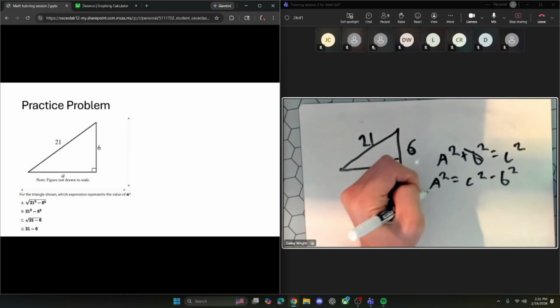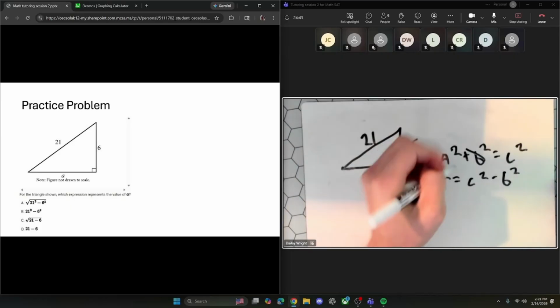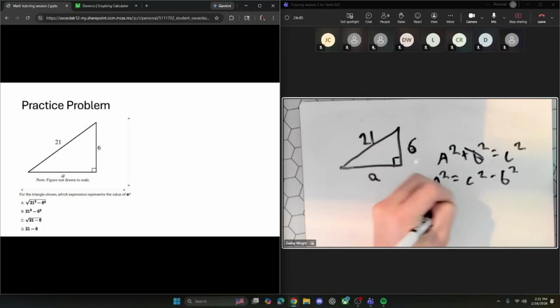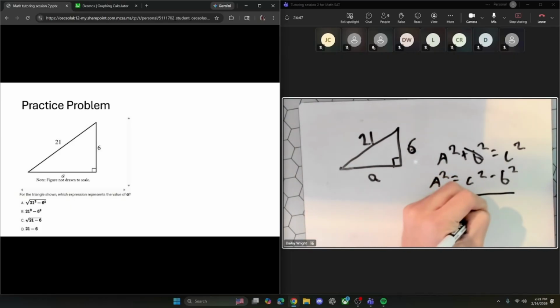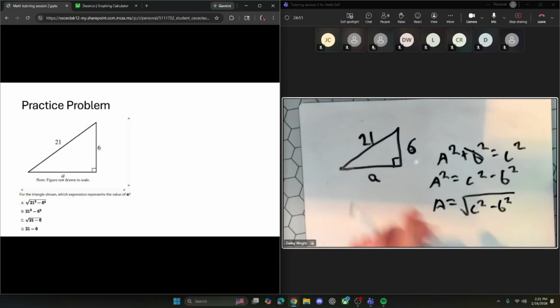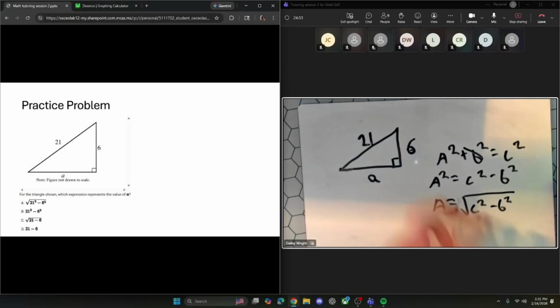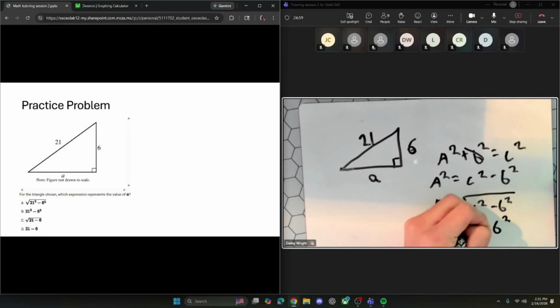Now to find A, you want to square root the whole thing, so A equals the square root of C squared minus B squared. And C is always your hypotenuse, so plug in C. This is 21 squared. B is 6 squared. So your answer would be 21 squared minus 6 squared.